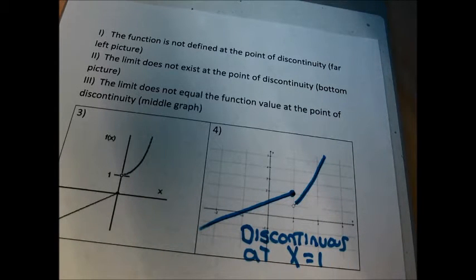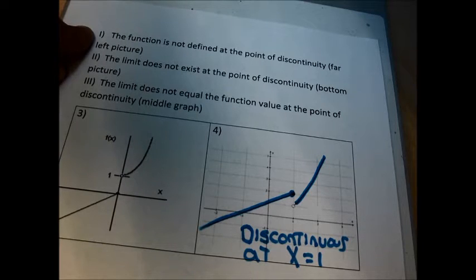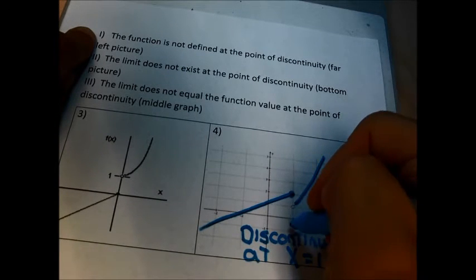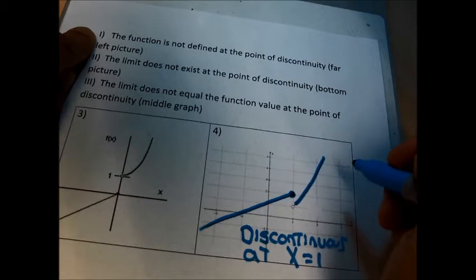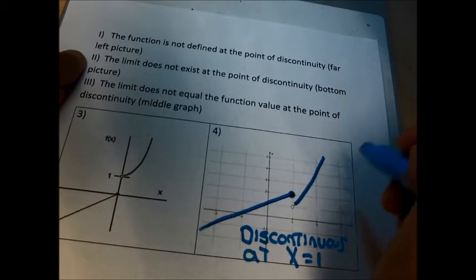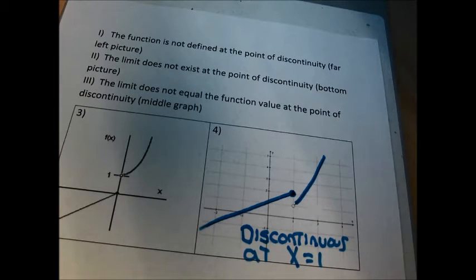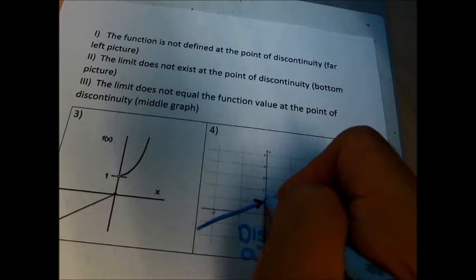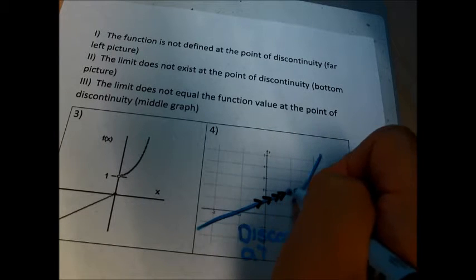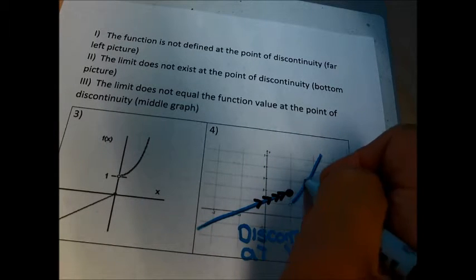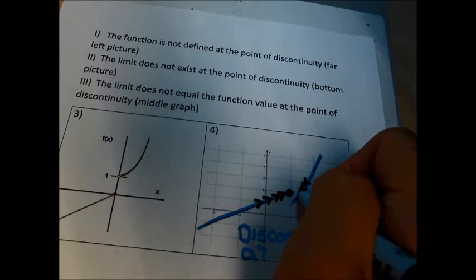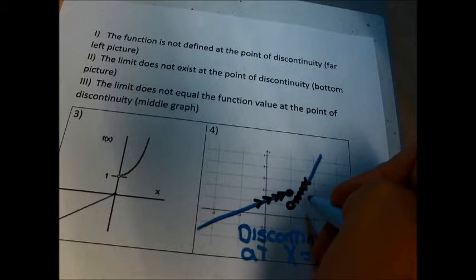Now, what reason is it? I have 3 choices. The function isn't defined at 1. Well, it's certainly defined at 1 because there's a solid dot above 1. Second, the limit doesn't exist. This is where I'm golden, because in this one, the left-hand limit is the y-coordinate of that point, and the right-hand limit is the y-coordinate of that point.